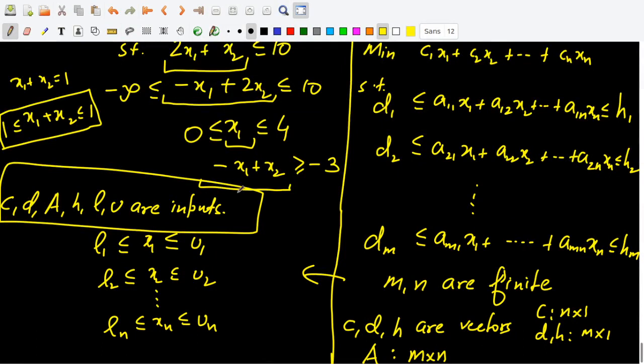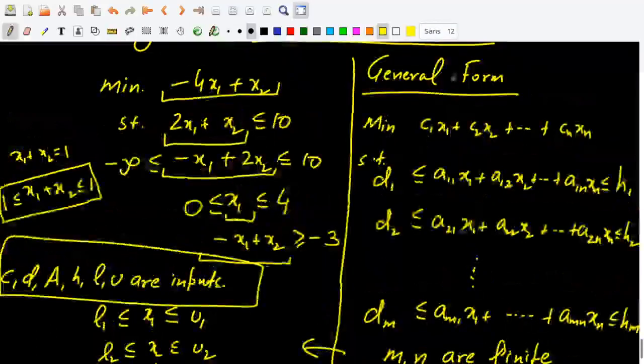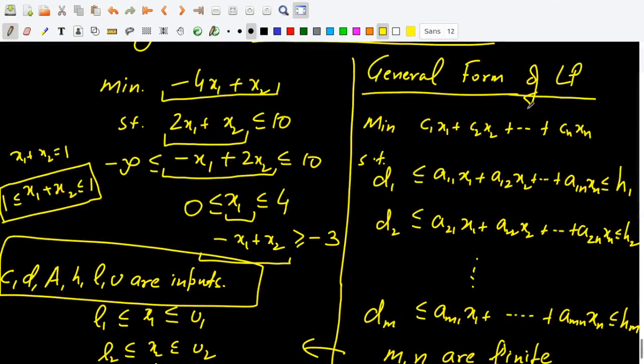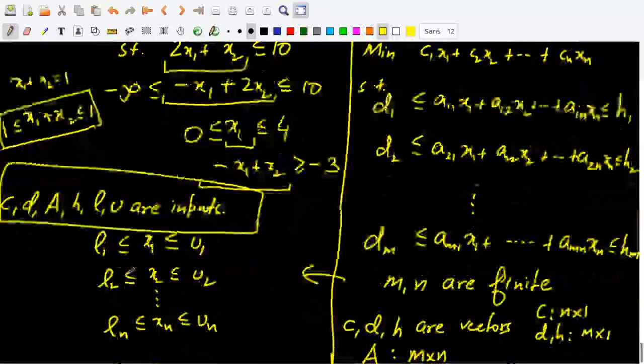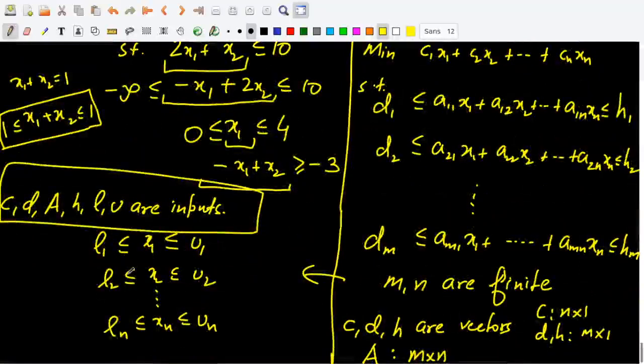Okay, so this form is called the general form of linear program. This is the most general form. Any linear program that is given to you can be very easily converted into this form by using transformations that I just mentioned. Okay, this is a bit difficult to work with when we talk about algorithms.